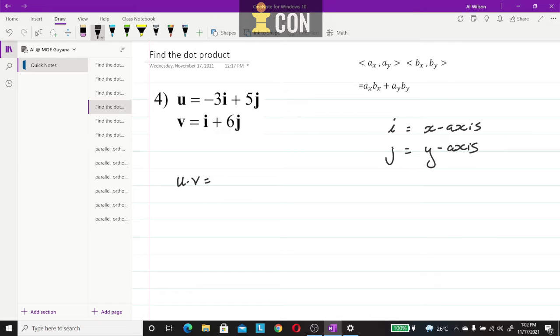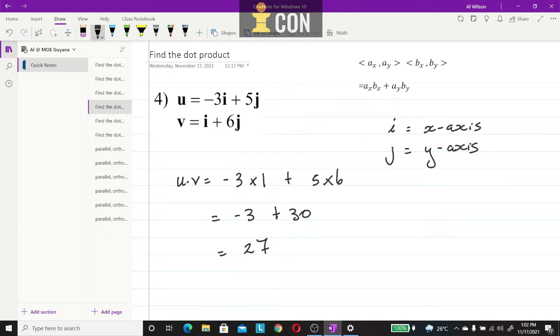So with that being said, we have minus 3 times 1 plus 5 times 6. So minus 3 times 1 is minus 3, plus 6 times 5, which is 30. So here we have minus 3 plus 30, which is going to give me 27.